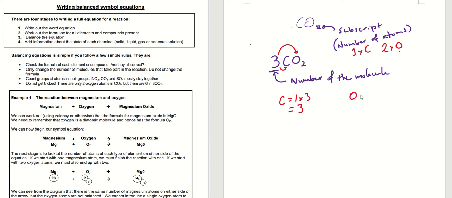For the oxygen, we have 3 molecules of carbon dioxide multiplied by O2, so that's 2 there. So we have 6 oxygens in total. That's how you do the count. Just be aware of that when you do these calculations.